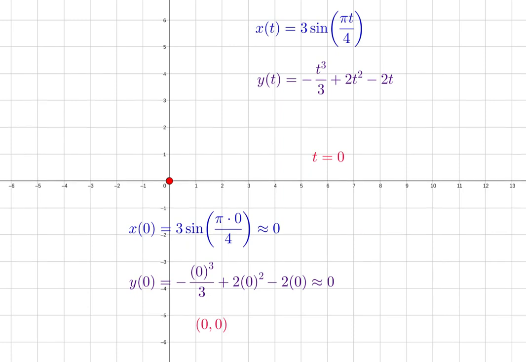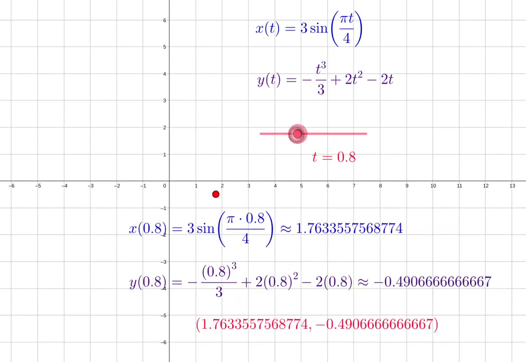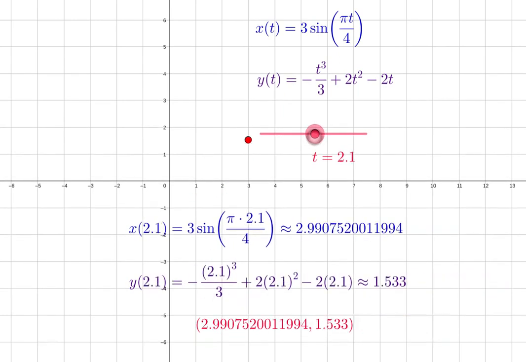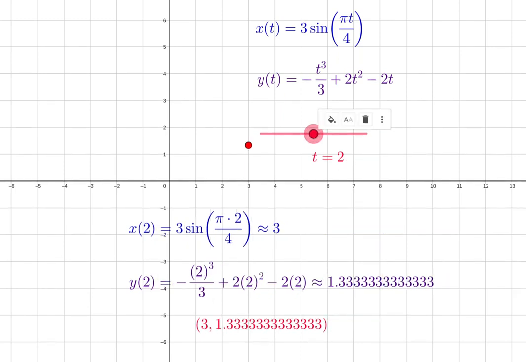What we can do then is do this with various values of t. If I change t, you're going to see that t could be pretty much anything, but I'm going to change it to, let's say, t equals 2. As I slide it along here, you can see that we're getting different x and y values.